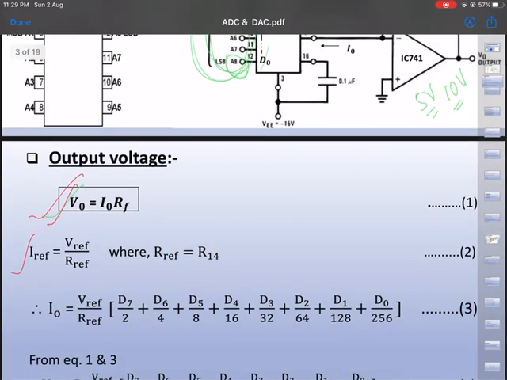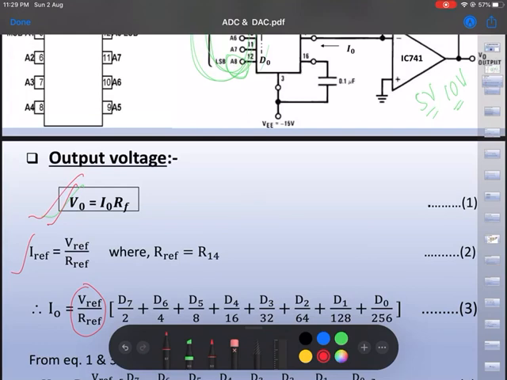Let us come to the calculation very straight away. R reference is nothing but R14, and you can clearly see that I0 will be V reference divided by R reference. That gives me actually the current. As per my calculation, this is nothing but 2 milliampere, truly speaking.